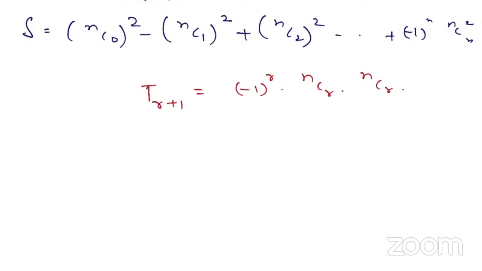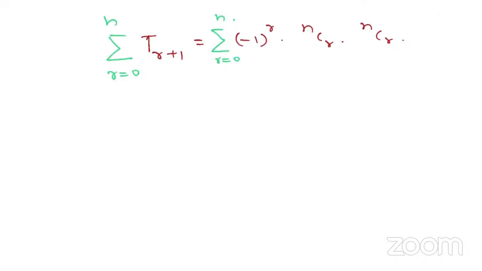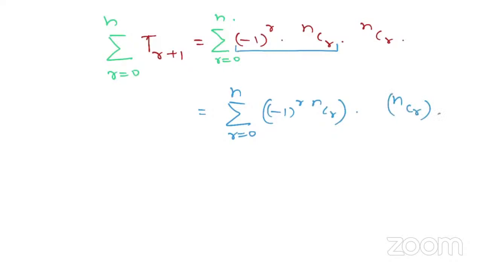So if you see this carefully, the second fundamental we have to apply, summation r is equal to 0 to n. We can write this complete as minus 1 to the power r nCr as first and nCr as second.